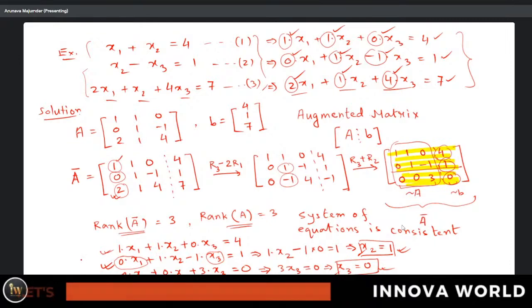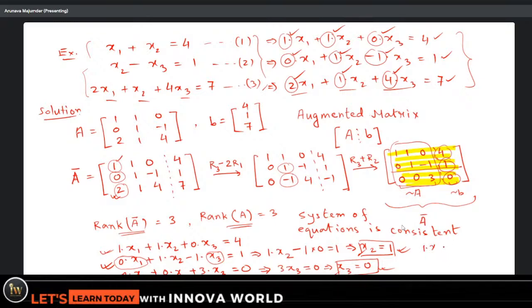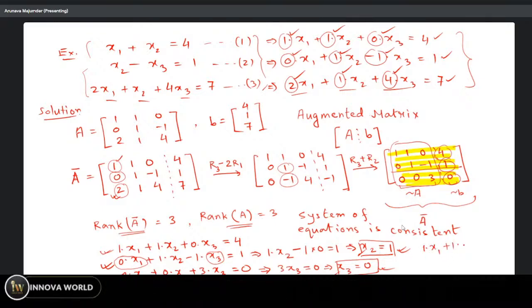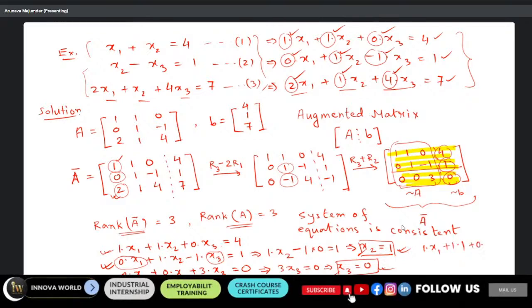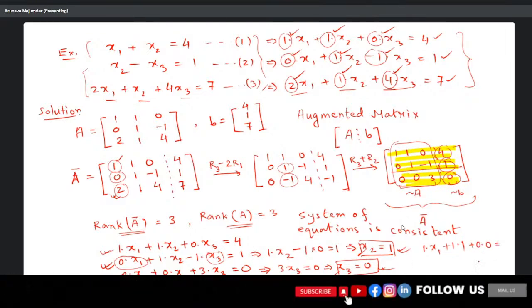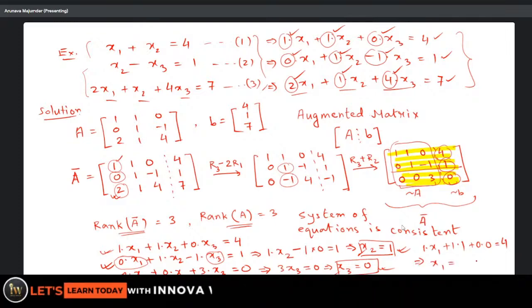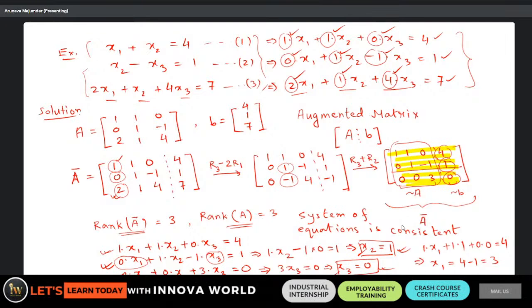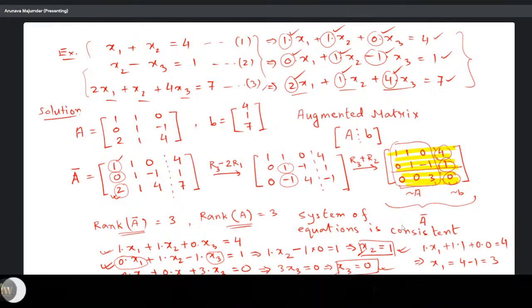From the first equation we get 1 into x1 plus 1 into x2, and the value of x2 is 1, so 1 into 1, plus 0 into x3, and x3 is 0, so 0 into 0, is equal to 4. So what is the value of x1? x1 equals 4 minus 1, which is 3. So this implies x1 is equal to 3.